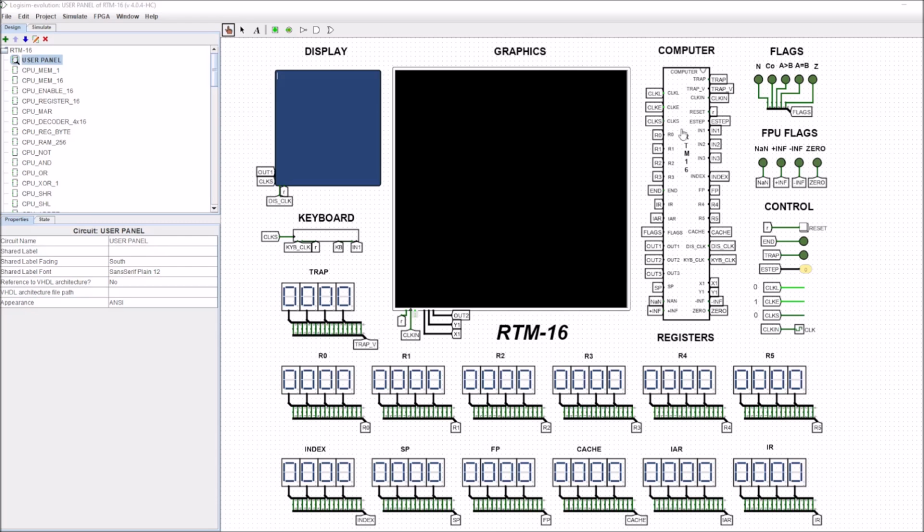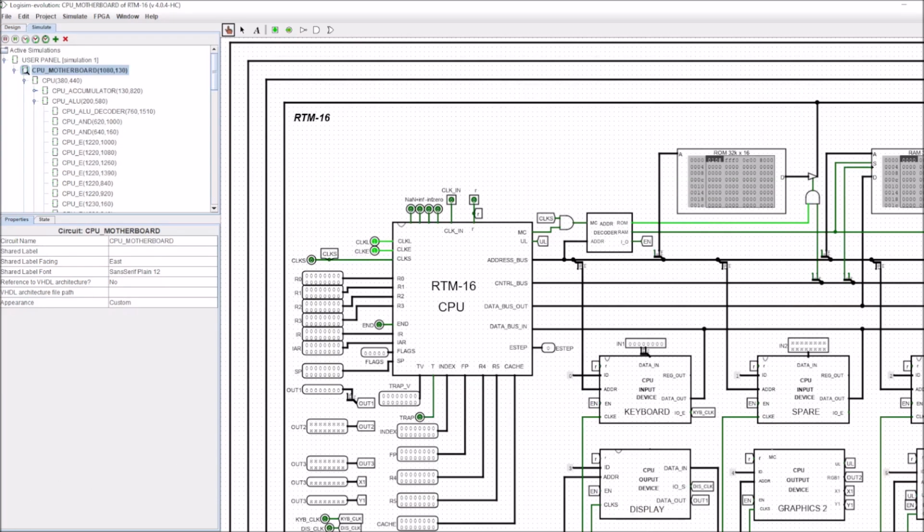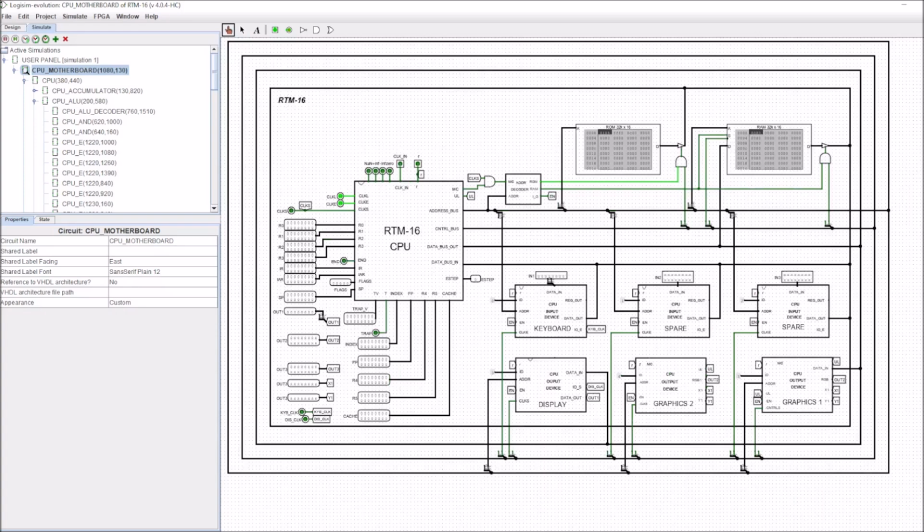So if we head down into the computer, if you right click here, you can see it's the motherboard. In effect this just looks like the motherboard of any computer. You would have the chip here, which is the CPU. You would have ROM cards and you would have some RAM as well. And we've also down here got input-output devices.